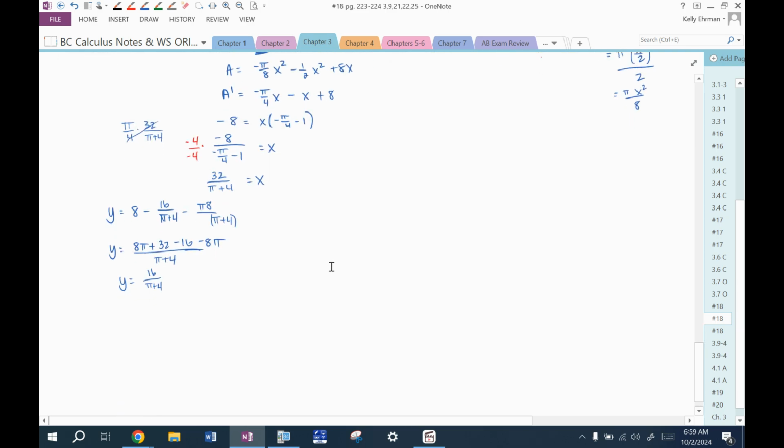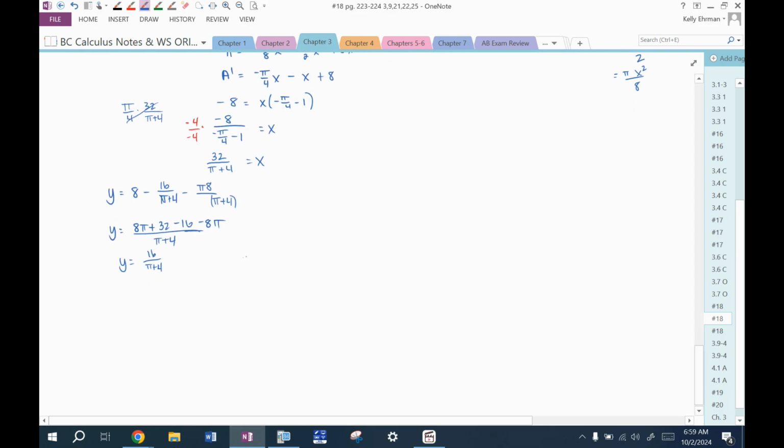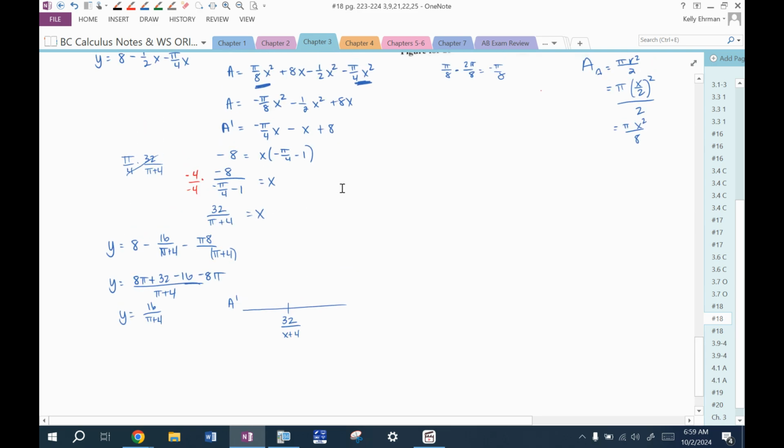All right. So let's test on a number line just to be sure. If this is 32 over pi plus 4, that was my critical number. And back here, A prime was linear, and when I factor out, I can see it had a negative slope. So positive to negative. So we do have that change.